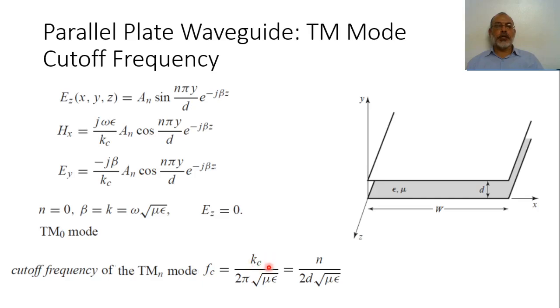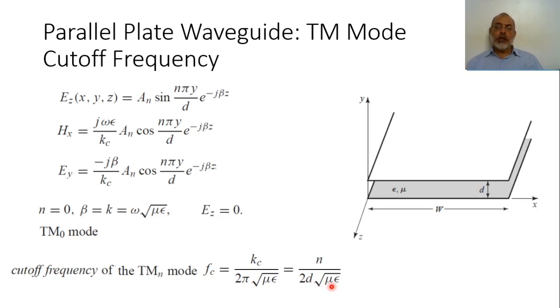And kc is already nπ/d. So by replacing kc with nπ/d, we can see that the cutoff frequency, which means the frequency above which the mode can propagate and below which the mode cannot propagate, for the parallel plate waveguide for mode n is n over 2d square root of mu epsilon.